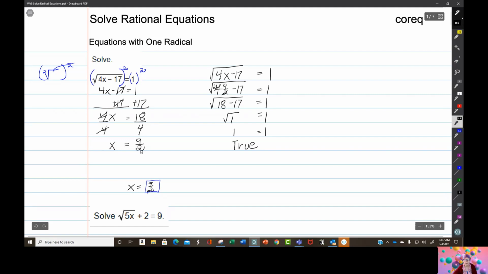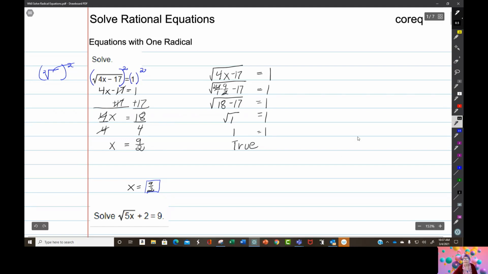And then we just solved the equation, and then we crossed our fingers and checked the answer, and the answer proved that you have the same answer on each side of the equation, which is true, because 1 really does equal 1, and that means that 9 over 2 is the answer we want, the solution.